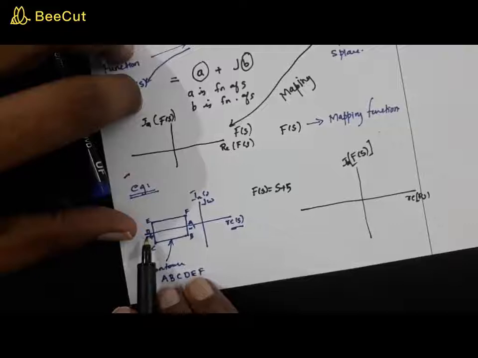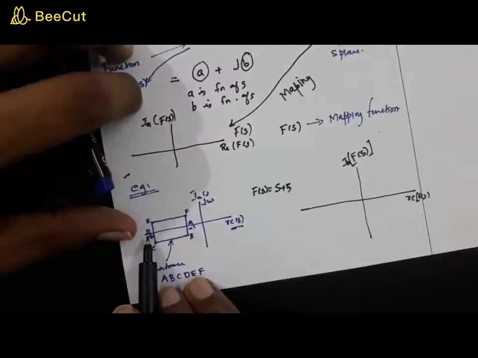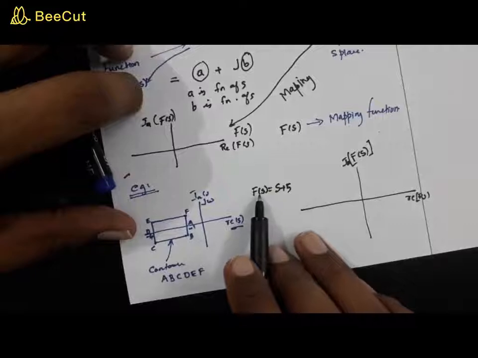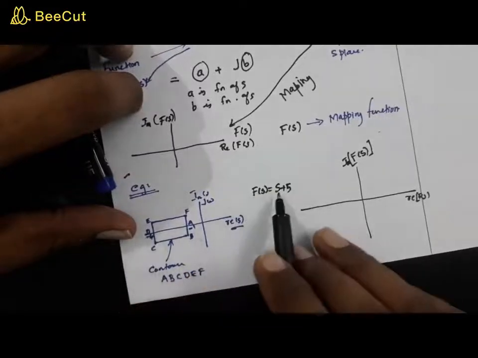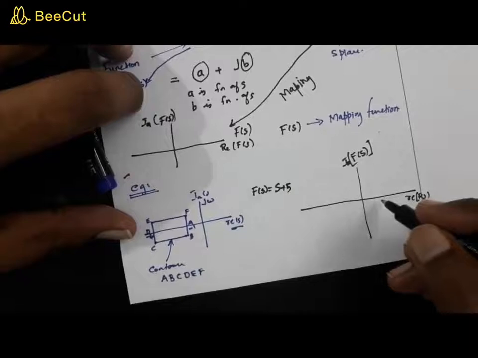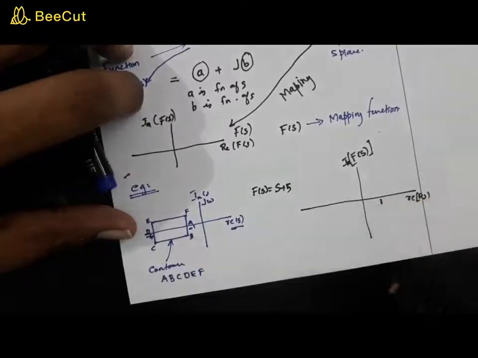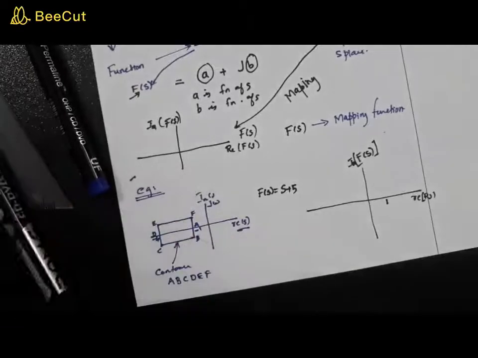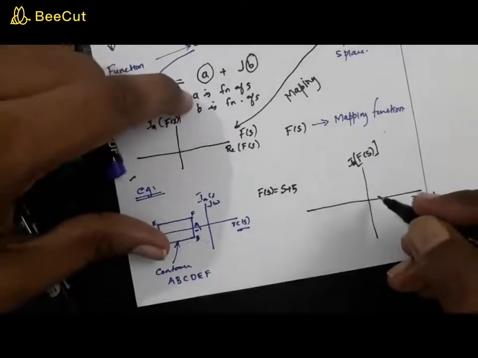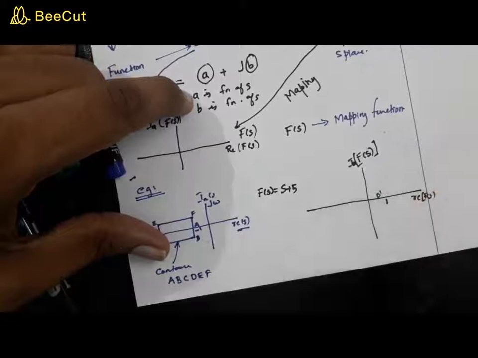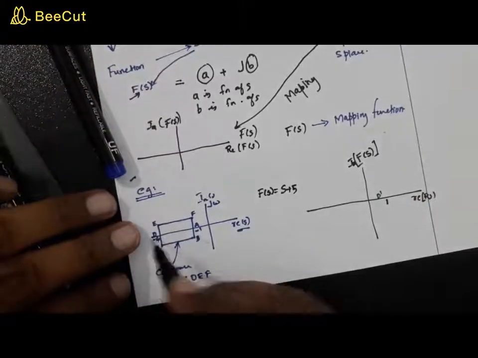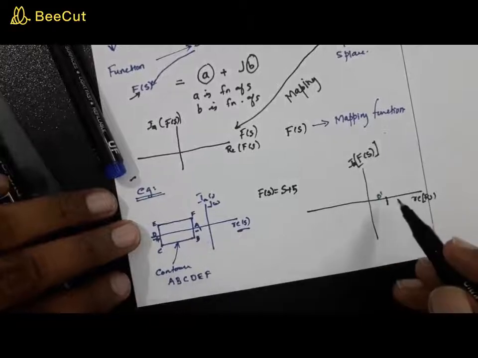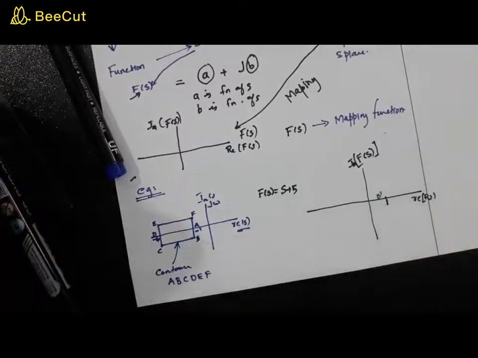What is going to be the point corresponding to this minus 4 when you plot f of s? This is minus 4 plus 5, which becomes equal to 1. Let us call that point d dash. So we have seen that this d has been mapped to 1 in this f of s.